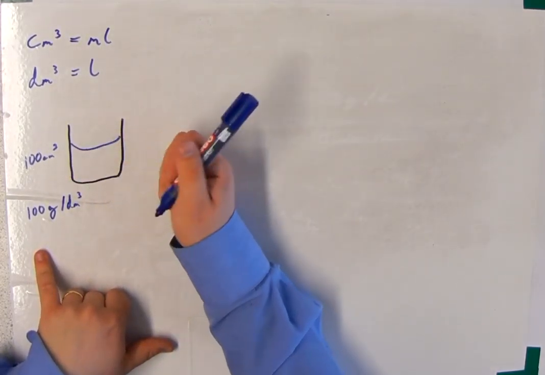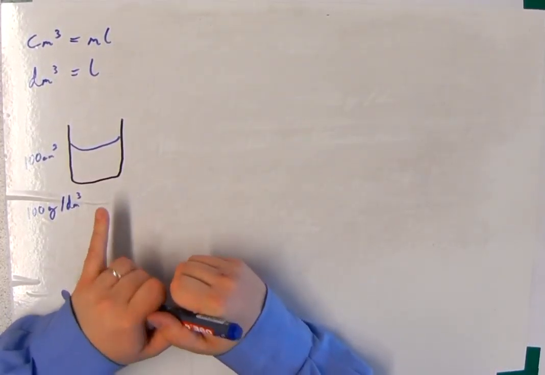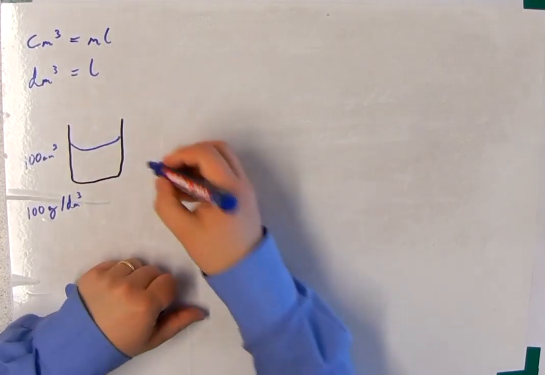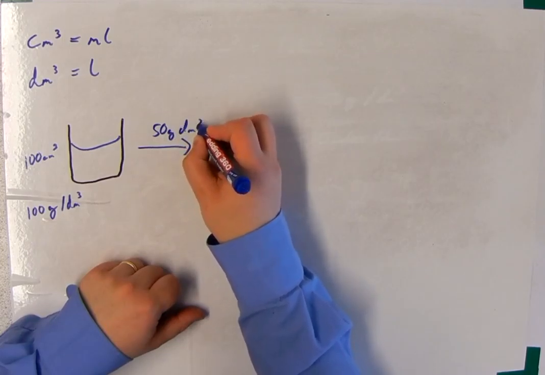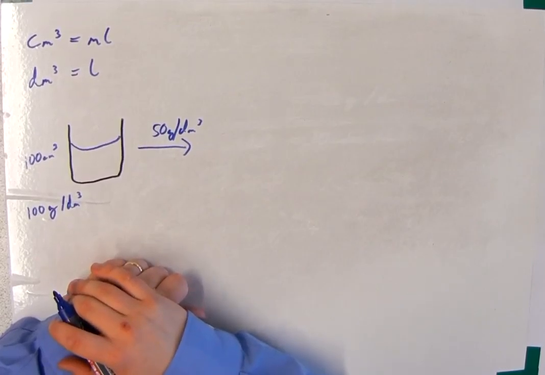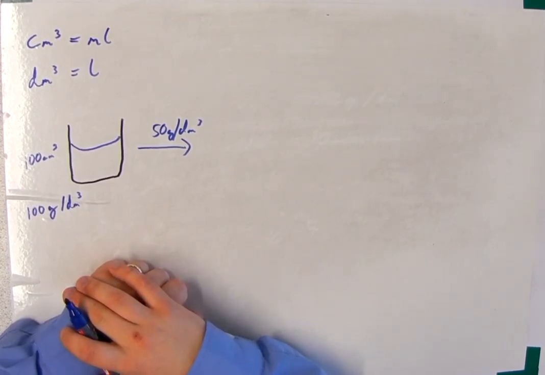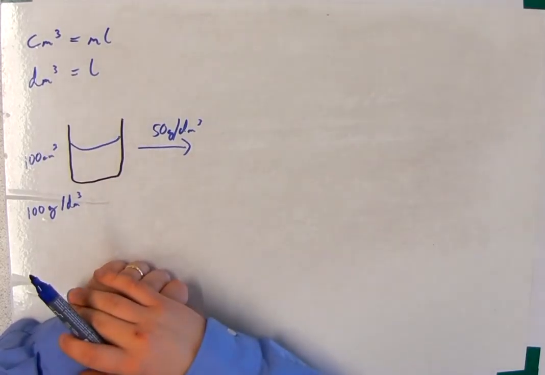What do we need to do? Well, in order to halve that concentration, we want to get to 50. If we're going to halve it, we can't just take molecules out of there. It's too difficult. The only thing we can do is go, well, this is in a unit volume. We've got 100 centimetres cubed.